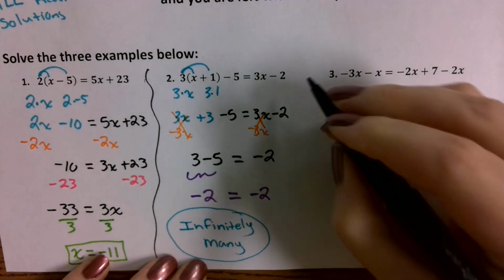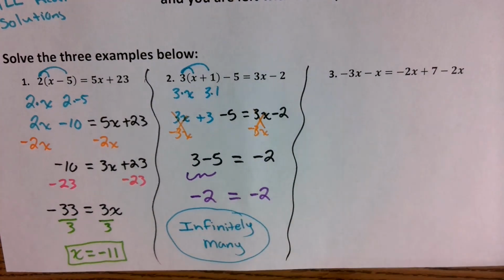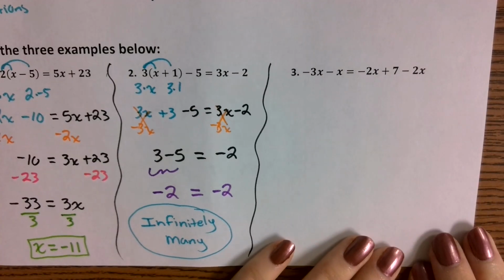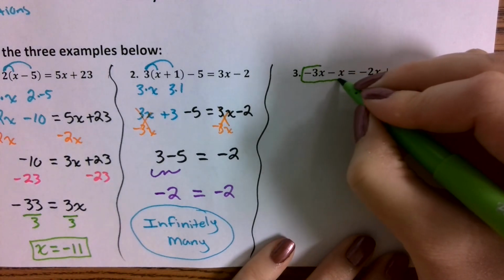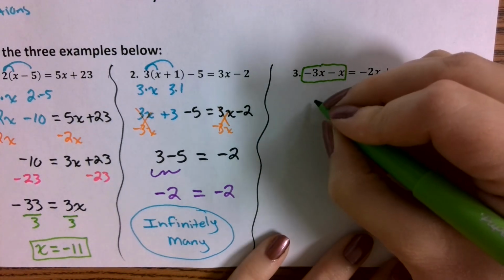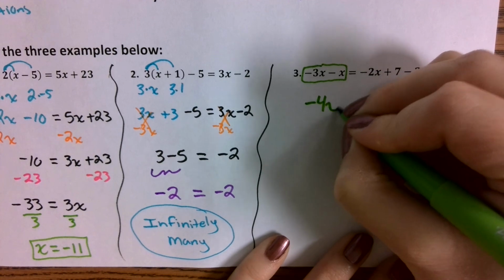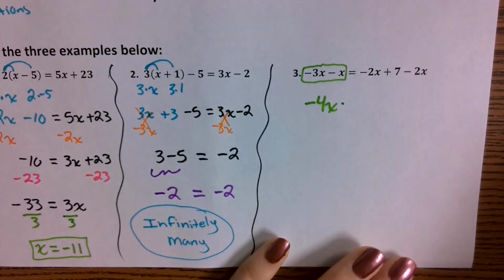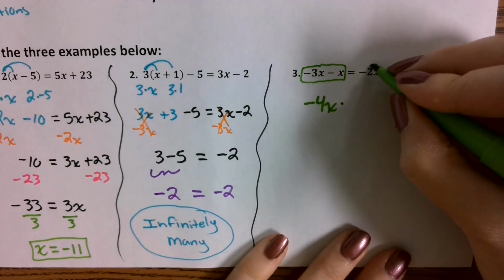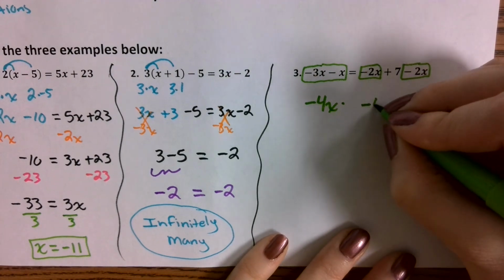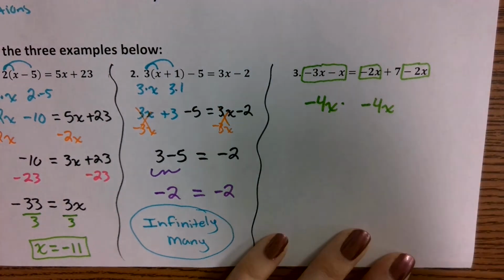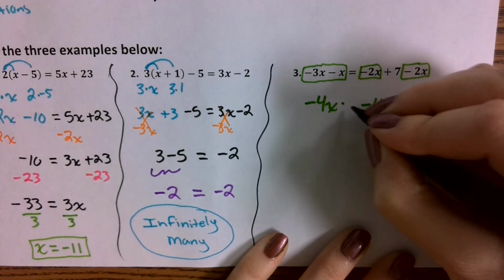For problem number 3, there is no distributive property, but you can combine like terms. We can combine negative 3x minus the x together, and that's going to come out to a negative 4x. We can also combine a negative 2x and a negative 2x together. That will also come out to a negative 4x, but we still have this plus 7.